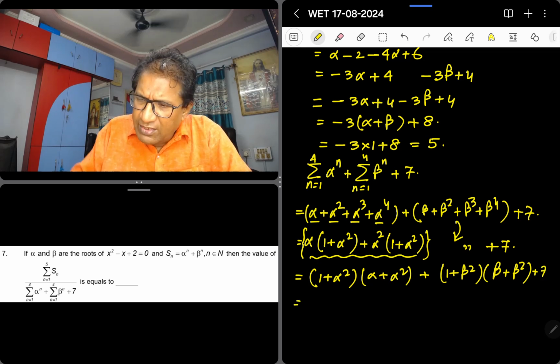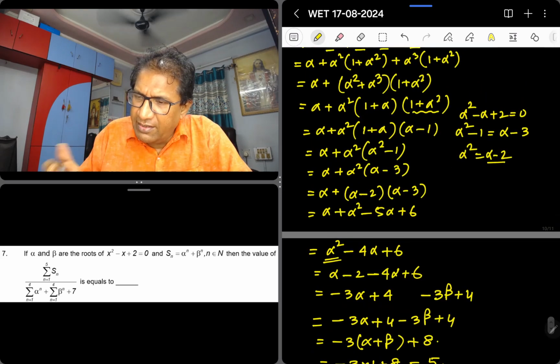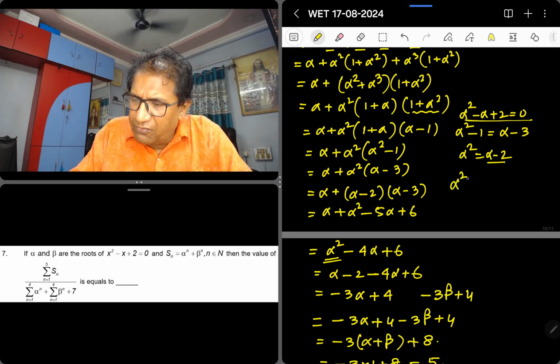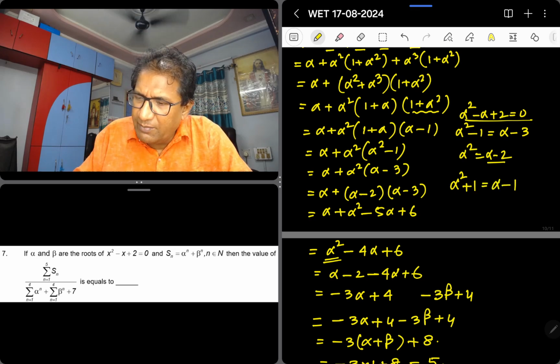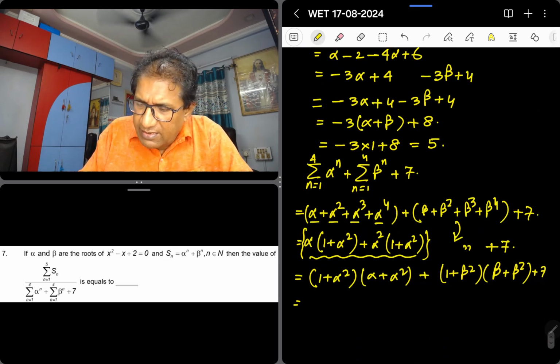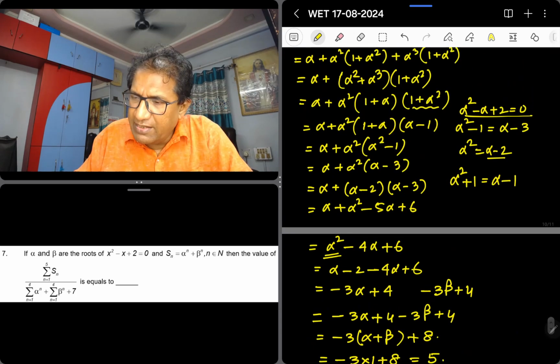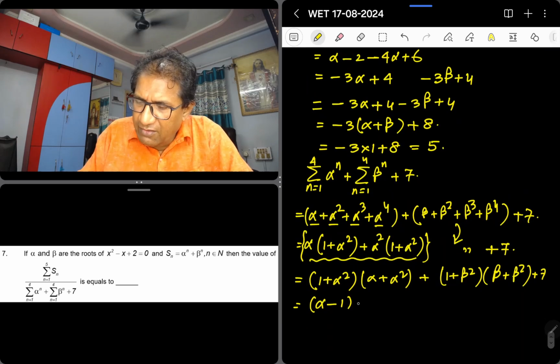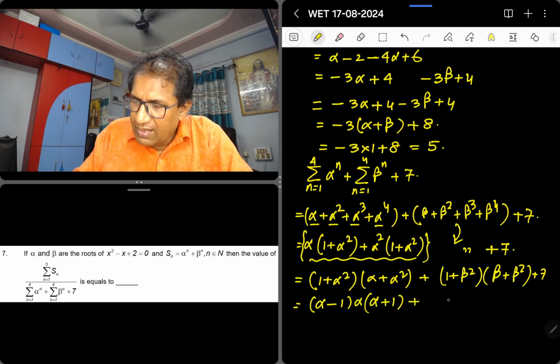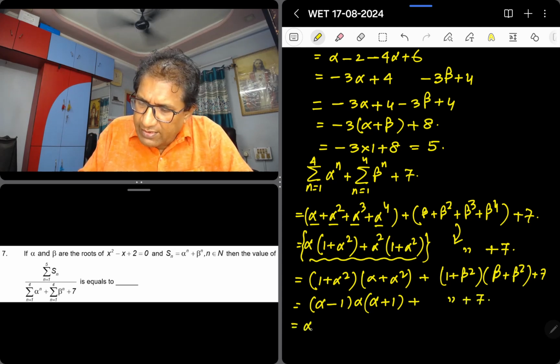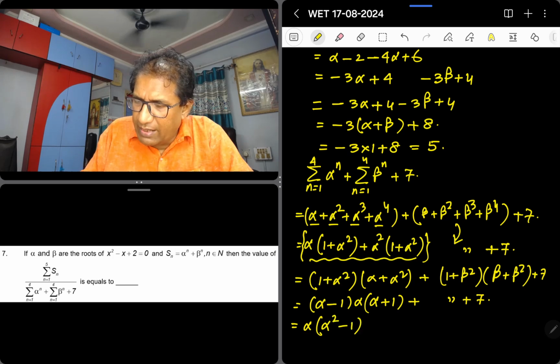Now, again, alpha square plus 1. Here I have written alpha square minus alpha plus 2 is 0. Therefore, alpha square plus 1 will be alpha minus 1. So, let me just replace this with alpha minus 1, and if I take alpha common, we are having alpha plus 1. Same thing with beta, I'm not writing it. So, this is alpha into alpha square minus 1.